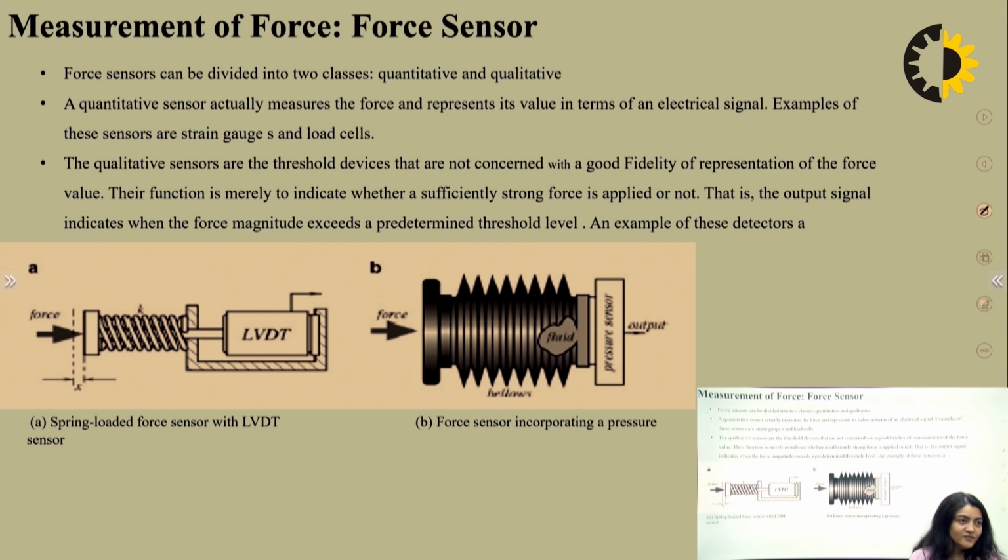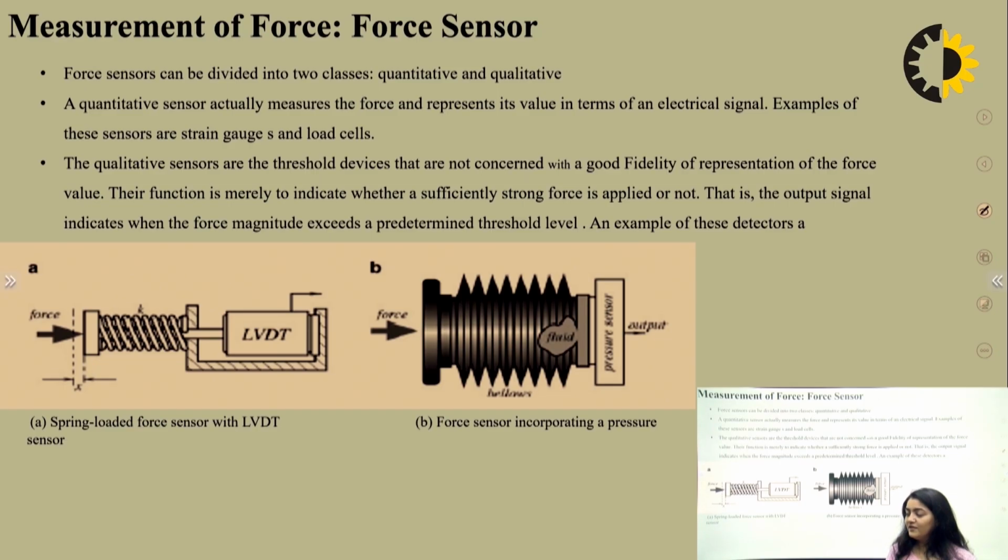Now, qualitative sensors are threshold devices that are not concerned with good fidelity or representation of the force value. Their function is merely to indicate whether a sufficiently strong force is applied or not. That is, the output signal indicates when the force magnitude exceeds a predetermined threshold level.